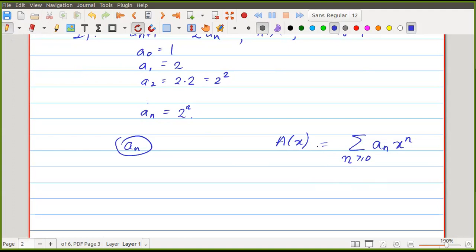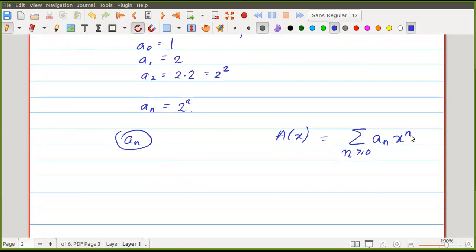Okay, so express the sequence an as a series where the coefficient of x raised to n turns out to be an. This is the main goal, and this is going to remain for the entire course.